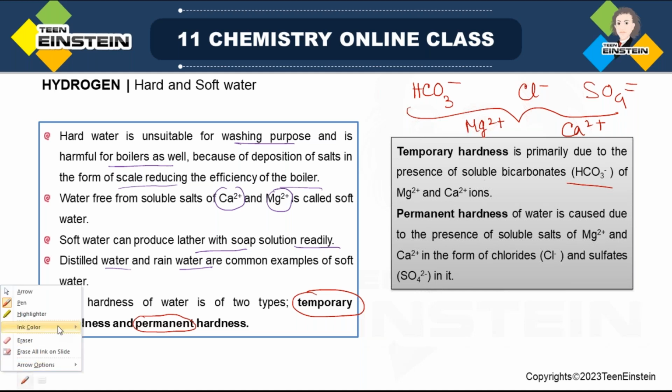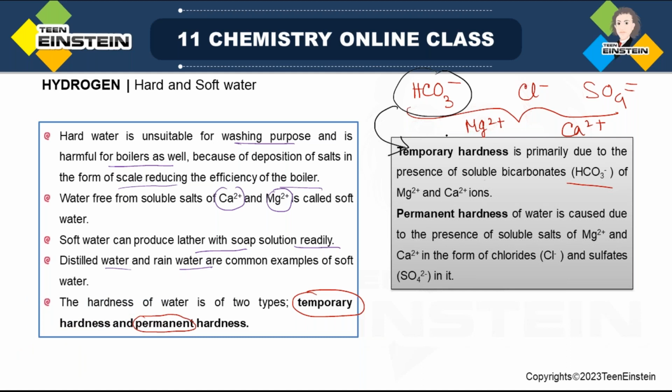Out of these three anions, this one causes temporary hardness, but the other two cause permanent hardness. So temporary hardness is primarily because of the presence of soluble bicarbonates of these two metals, and permanent hardness is caused by soluble salts of Mg2+ and Ca2+ in the form of these two anions. So this is the difference: this is for temporary and these two for permanent.